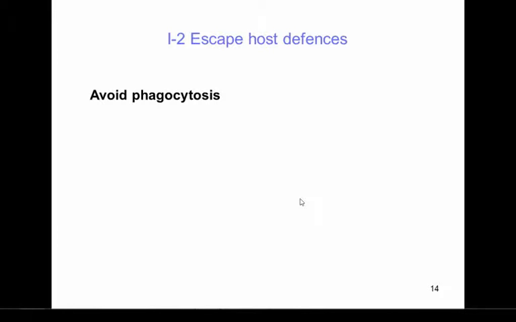Now, the main thing that's going to destroy bacterial cells are phagocytes, like neutrophils. As we'll see, I hope we'll have time at the end of the lecture. Neutrophils internalize bacteria and kill them. So one of the main strategies for avoiding the host defense for bacteria is to avoid phagocytosis. Prevent the host cells from internalizing them.